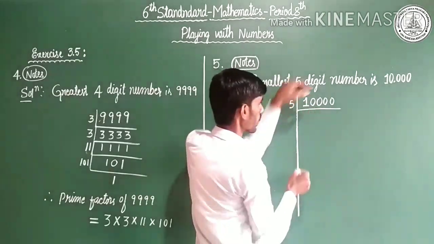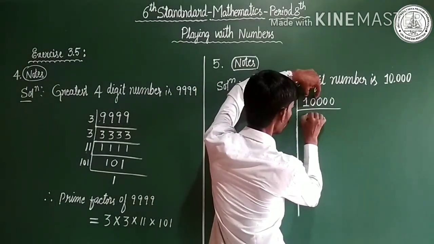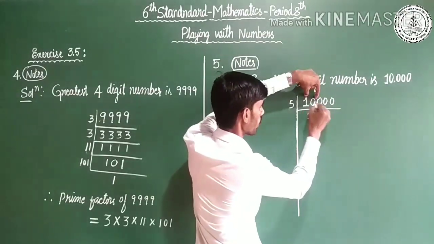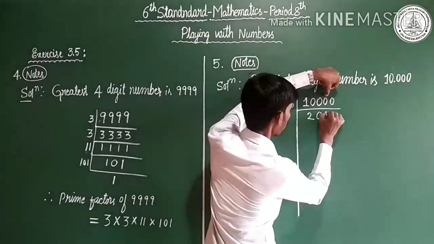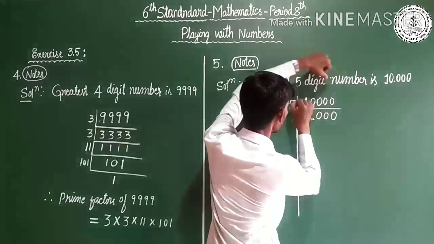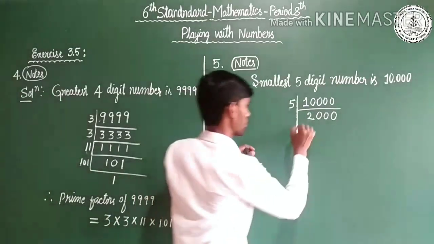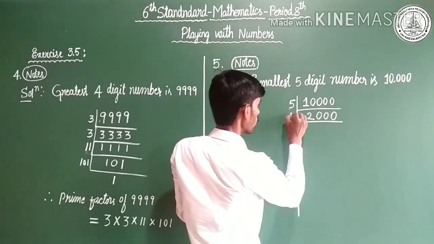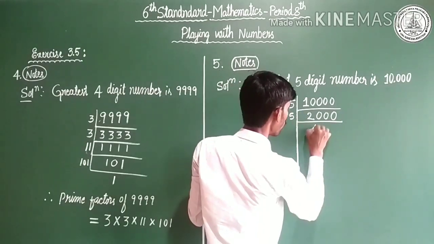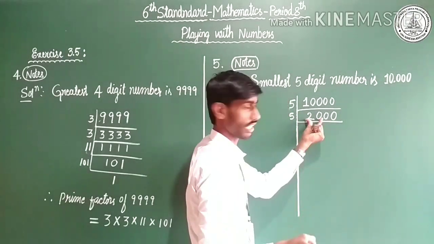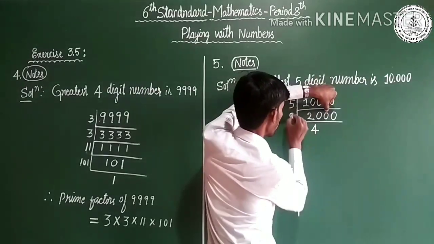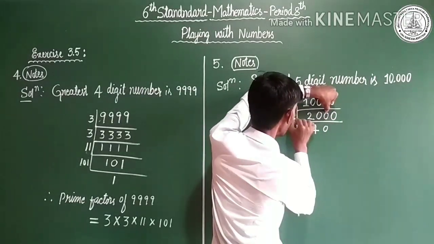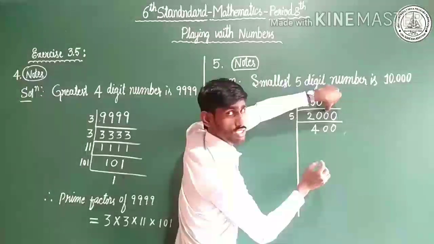5 2s are 10. Here is 0. 5 zeros are 0. Next, draw a line. 5 4s are 20. Next, here is 0. Observe my finger. 5 zeros are 0. Next, draw a line. Here is 2. How much are 4? 2 2s are 4. Next, 2 zeros are 0.